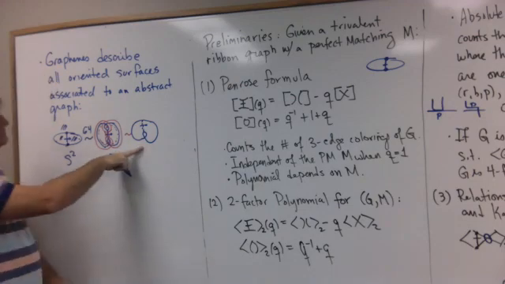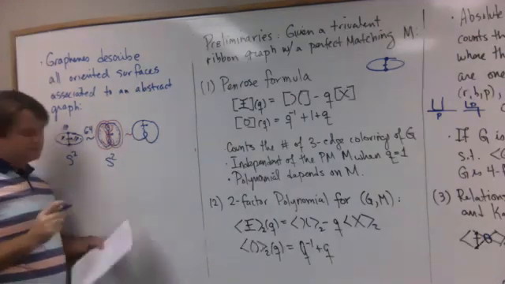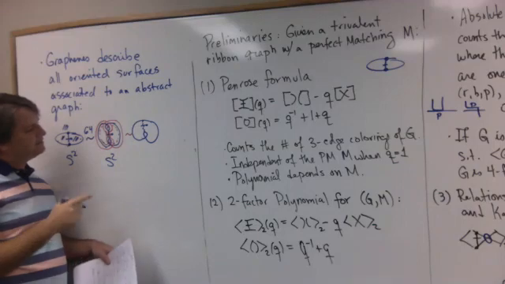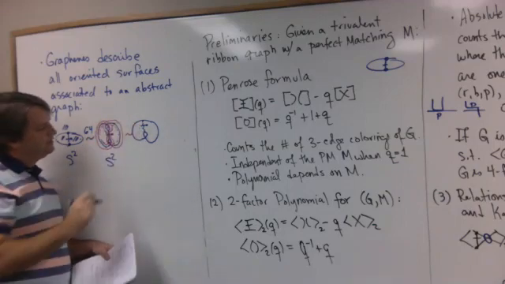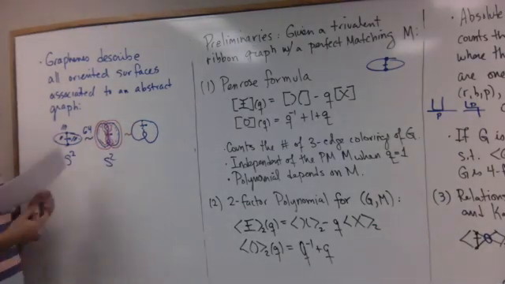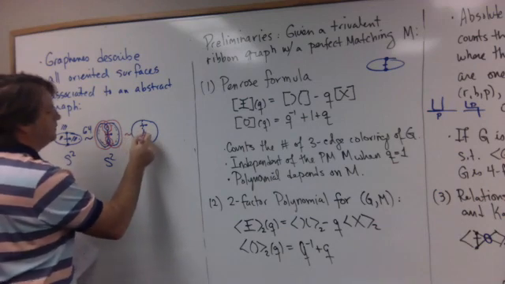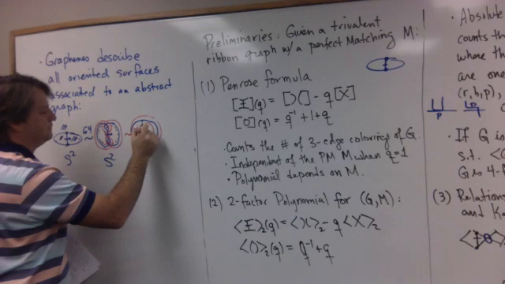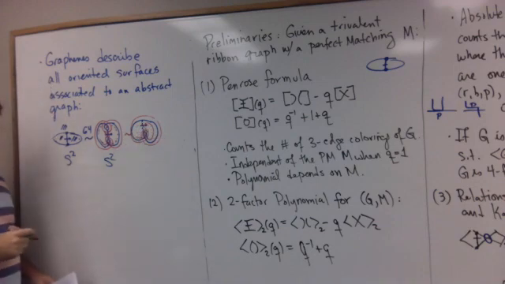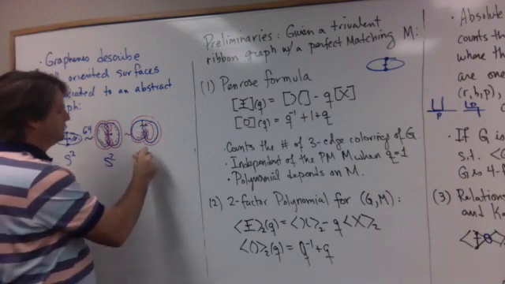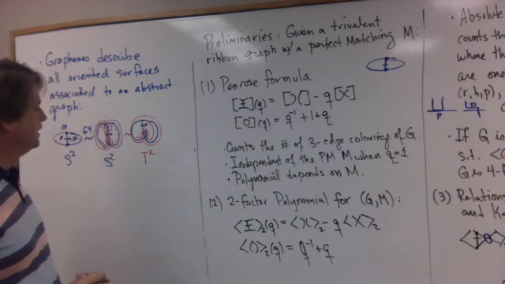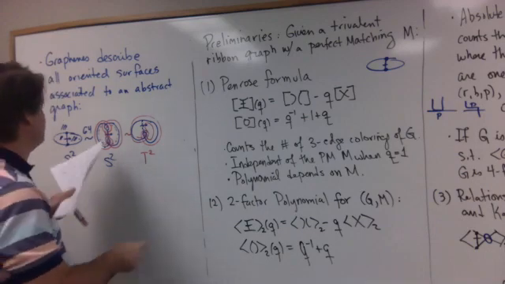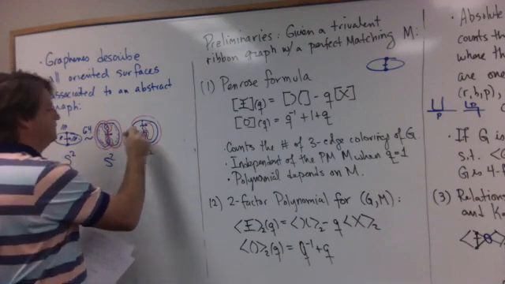Now, if I check what type of ribbon surface that's associated to it, I see that I got 3 edges and 2 vertices, same, but now I've got only 1 disk that I'm gluing in. So the Euler characteristic on that tells me that that's a torus. And I can do one more G4 move with G5.